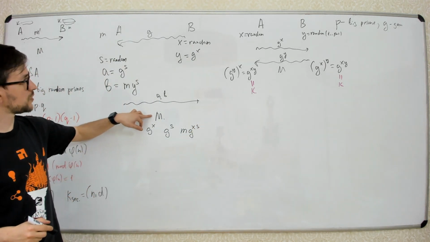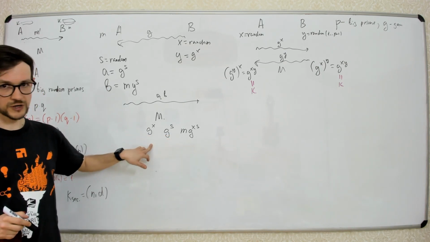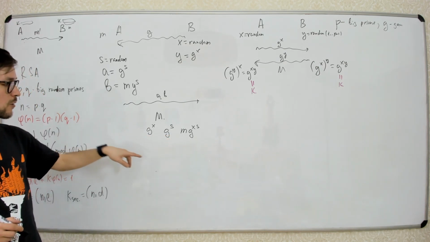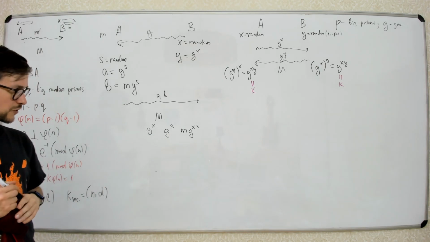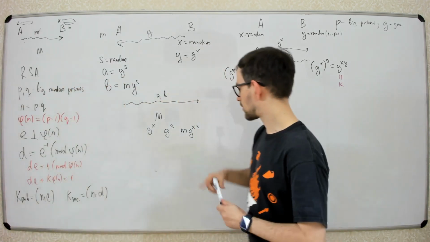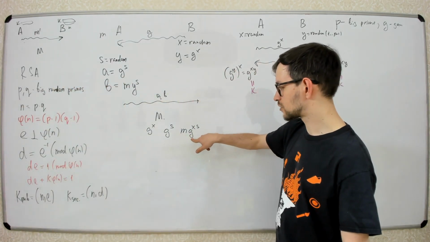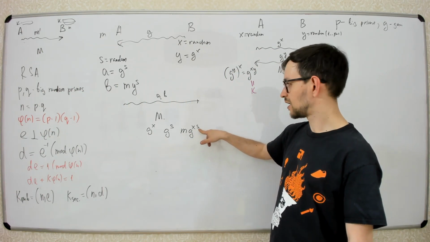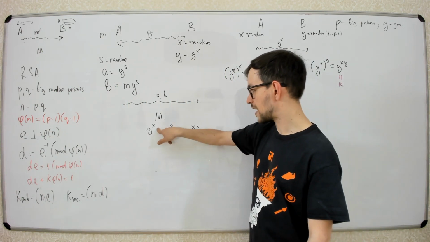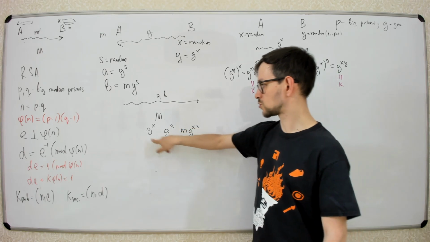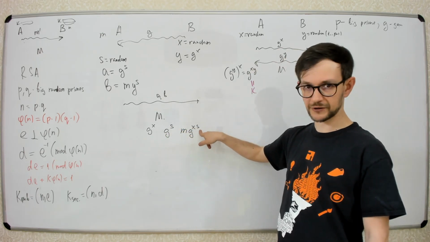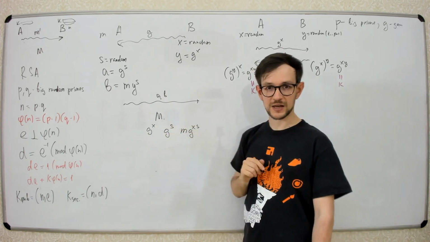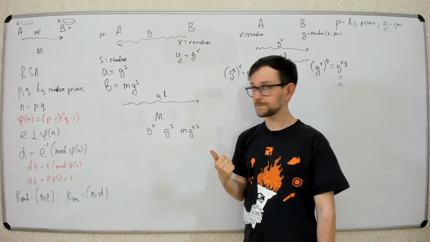So if you're in the middle, you can calculate these three numbers. How can you get number M from them? To calculate number M, you need to know G in power of XS. And you know G in power of X and G in power of S. From these two numbers, you cannot get G in power of XS. So the attacker cannot find any information about your message.